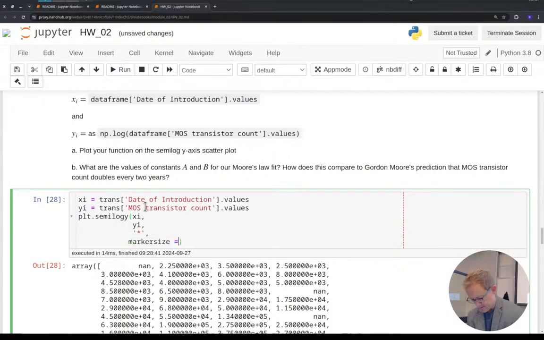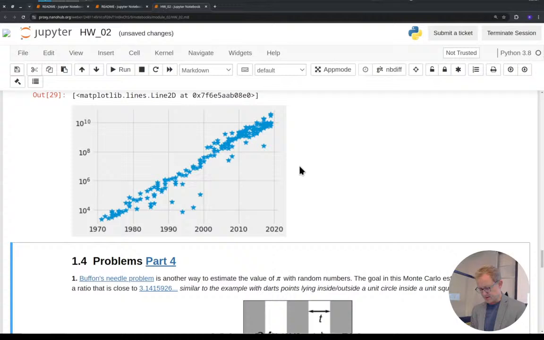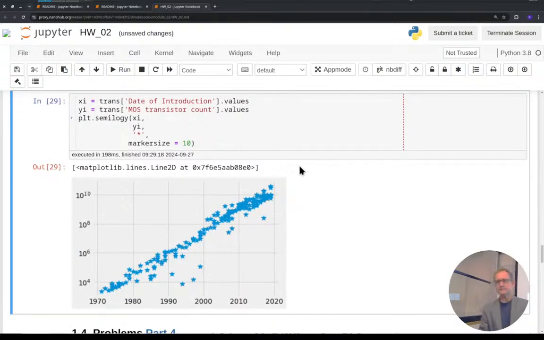Marker size is 10, just because I like big stars. So if I squint and look at this, I could say, yeah, there's definitely a trend that every year something on a log scale is happening. It's predictable. Seems like it's going along some kind of straight line.